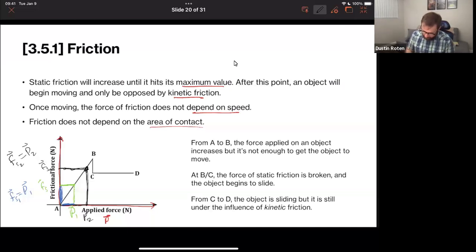But look at what happens here. I can give it a really, really hard push. So maybe I'm over here on my applied force scale, at P3. I'm pushing it this hard, but the friction force that's opposing me is now kinetic friction, right? I broke over this point.